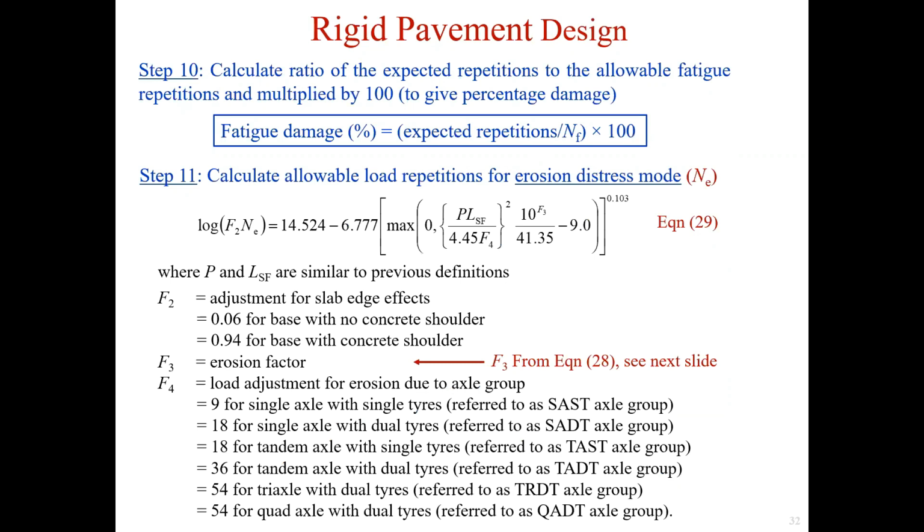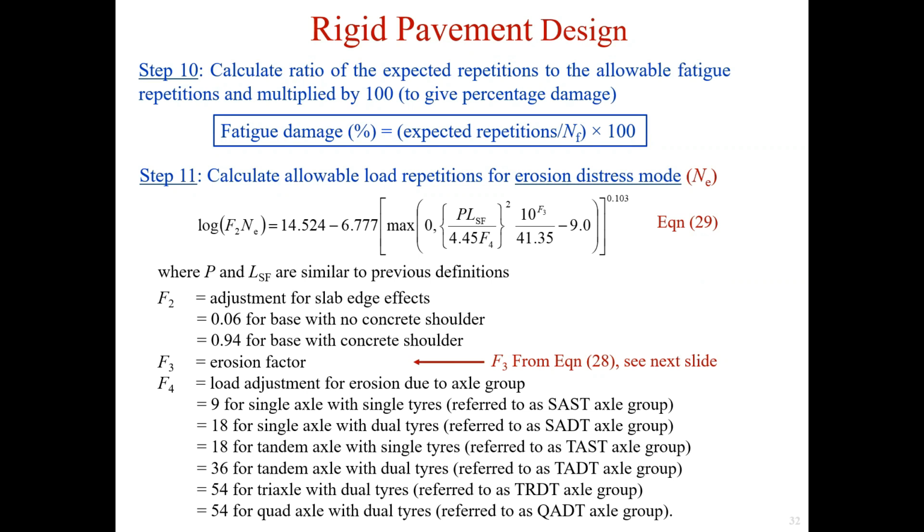Step 10 is to calculate the ratio of the expected repetitions to the allowable fatigue repetitions and multiply by 100 to obtain the fatigue damage. Step 11 is to calculate the allowable repetitions for erosion distress mode, Ne, using formula 29. In this formula, the physical meanings of P and LSF are the same as before.